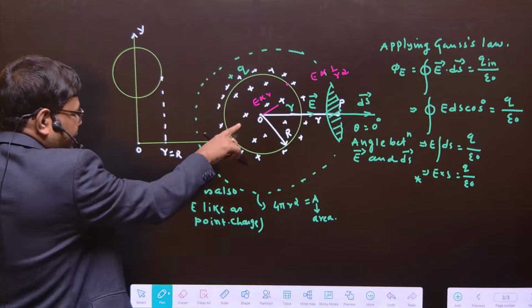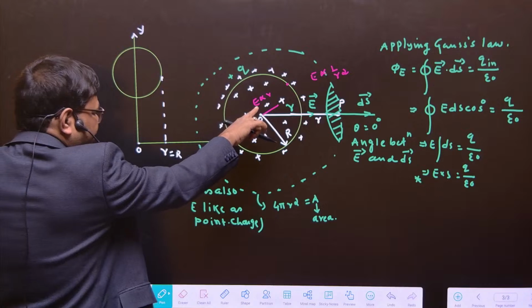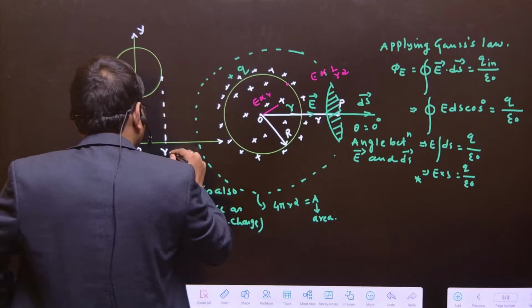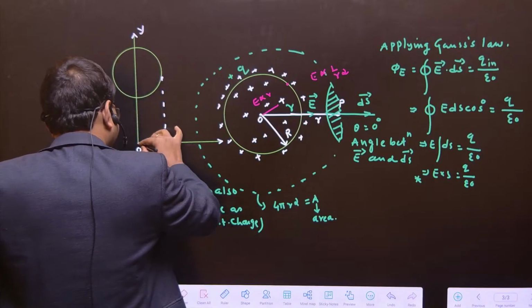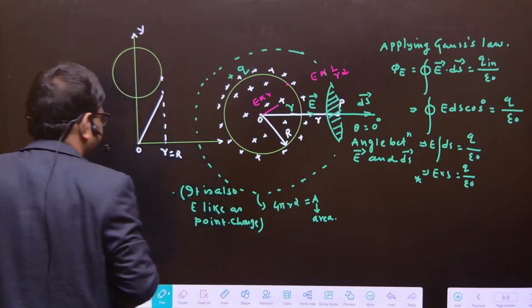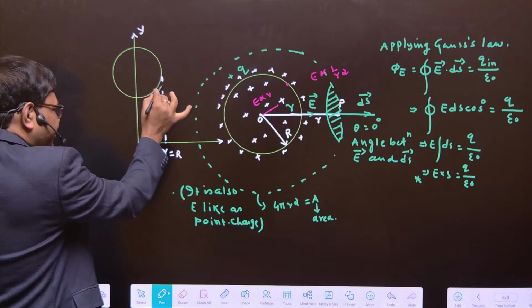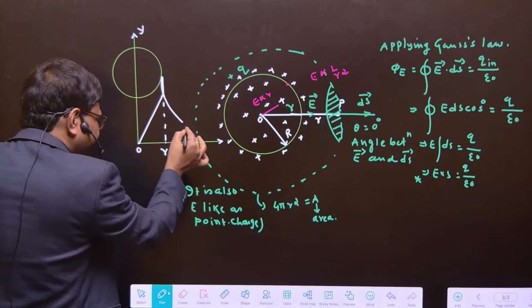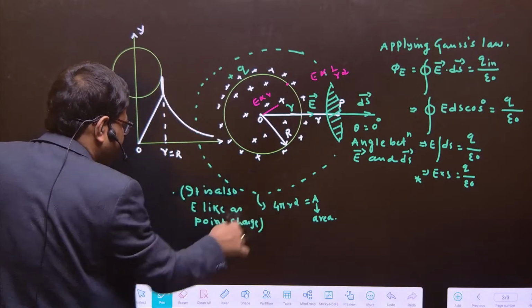So now see, up to the radius, the electric field is directly proportional to the distance. For the directly proportional electric field, it is a straight line like this. Am I clear? Have you understood? A straight line. But after the surface, it will start to be hyperbolic in nature because E varies as 1 by r square.